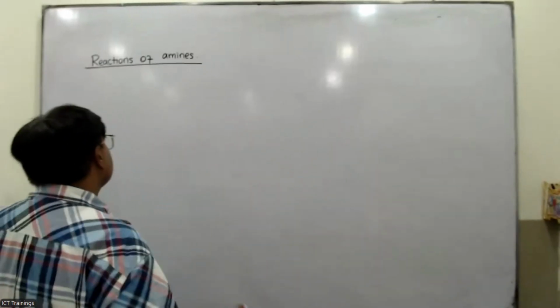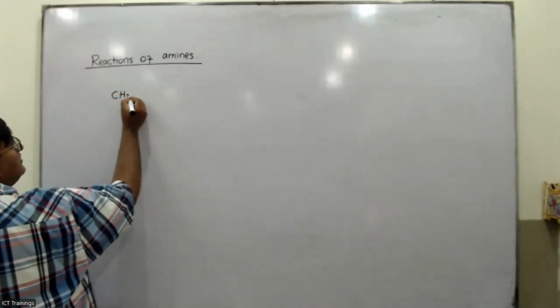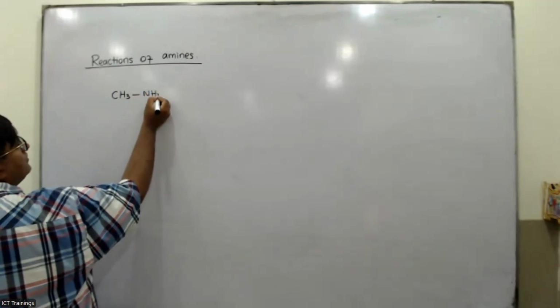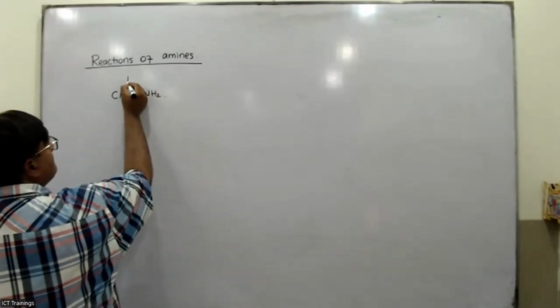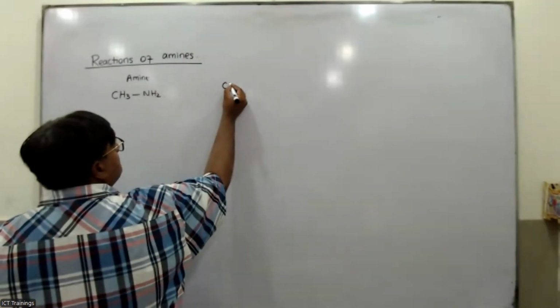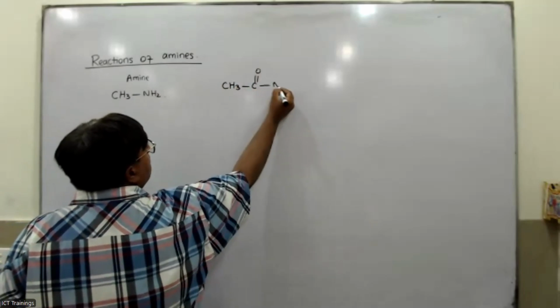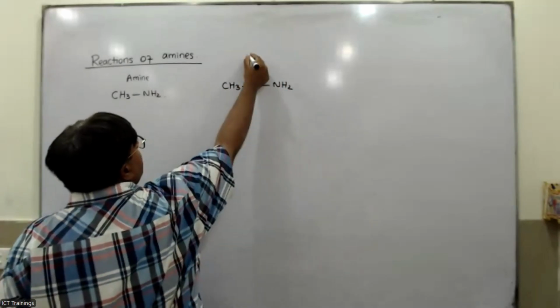So we have two different compounds. Let's suppose this is CH3NH2, this is an amine, and we have CH3 C double bond O and NH2. So this is my dear amide.